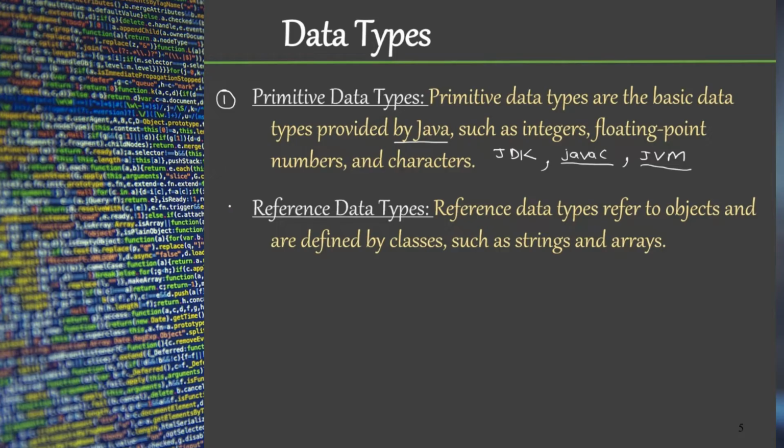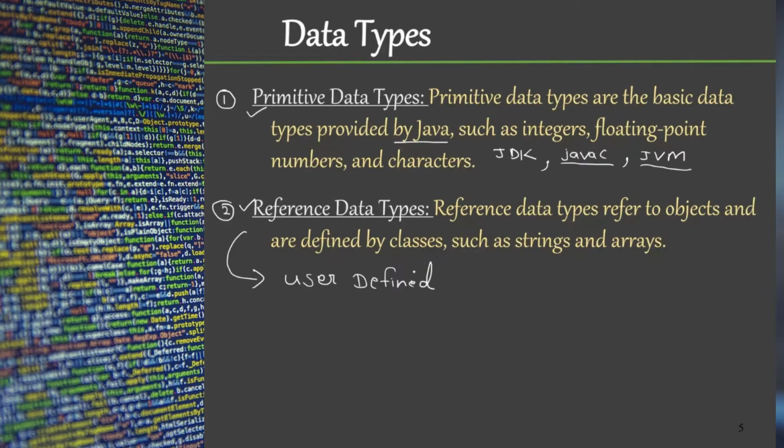The second is the reference type. So one is primitive, which is inbuilt, and the second is the reference type. For reference type, you may note down one more name, and that is user defined data type. That way you will understand more.